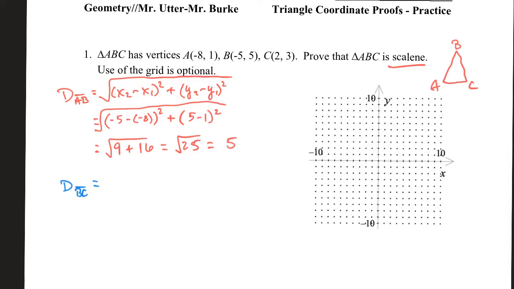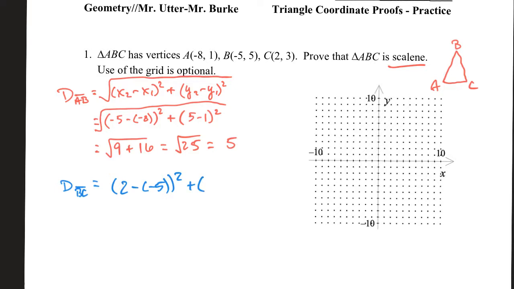All right, so the distance of BC, I'm just going to plug it in because I already have my formula up here that I can reference if I need to. So for BC, my x2 is 2, and I'm subtracting a -5. Oh, that's +2, looks like a Z. 2 minus -5. Again, that -5 is in parentheses so I can see that I am subtracting a negative.